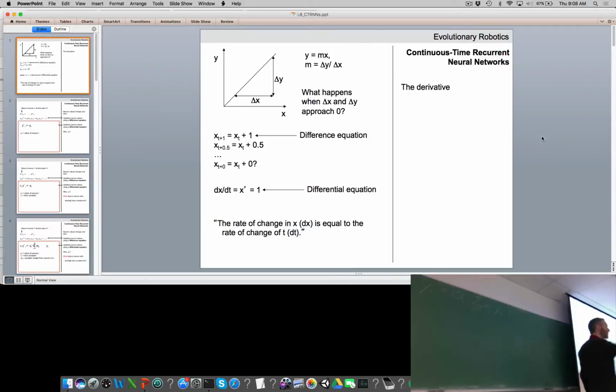There's this kind of change in y, delta y, for each delta x, for each interval of time, right? It's a good approximation, but this doesn't work very well when we want not just an approximation, but an exact solution, right? How exactly is y changing as a function of x?